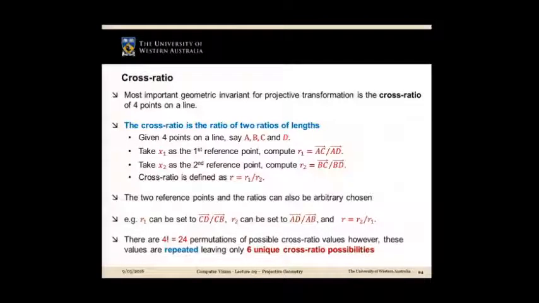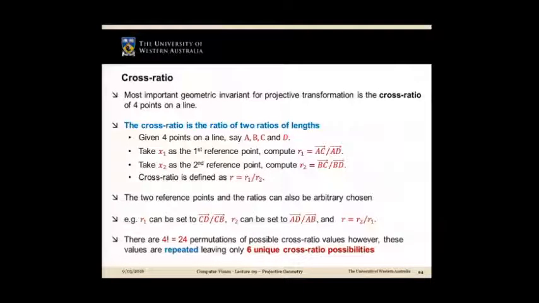For calculating your cross ratio, all you need is 4 points on a line. So given 4 points on a line, say A, B, C, and D, you take, let's say, x1 as the first reference point. X1 could be point A in this case. You measure the distance from point A to point C, and point A to point D, and you take the ratio.